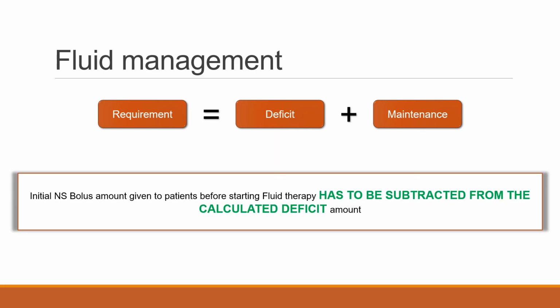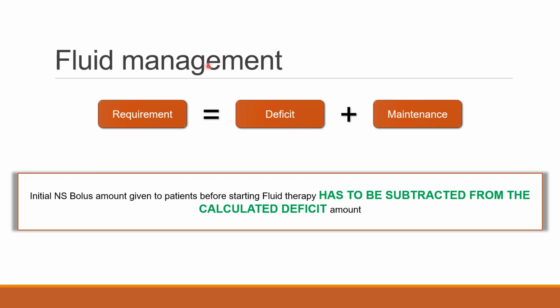child. The important point to remember is that the initial normal saline bolus amount given to patients before starting fluid therapy, that we had decided in the previous slide, when the shock was present and shock was absent, what were the amount of normal saline bolus we are giving, the amount has to be subtracted from the calculated deficit amount, because this is the total deficit, that is 5%, 7% or 10%, but some part of this deficit we have already corrected by giving a slow bolus, or giving a 10 to 20 ml per kg or 20 ml per kg bolus already before calculating all this.